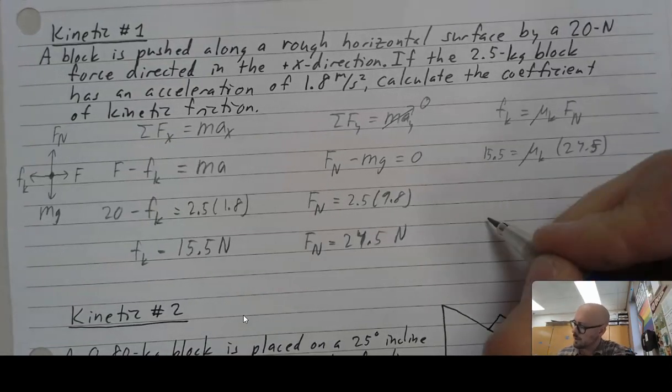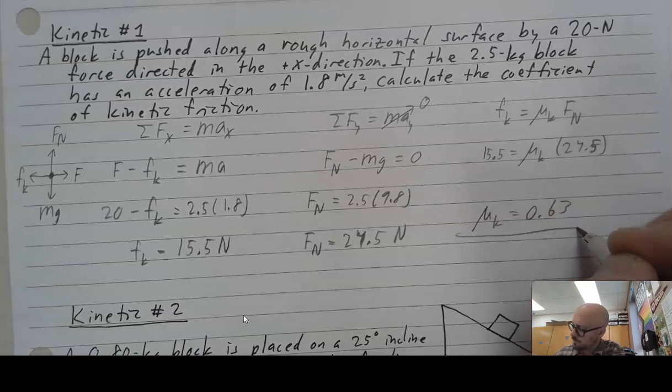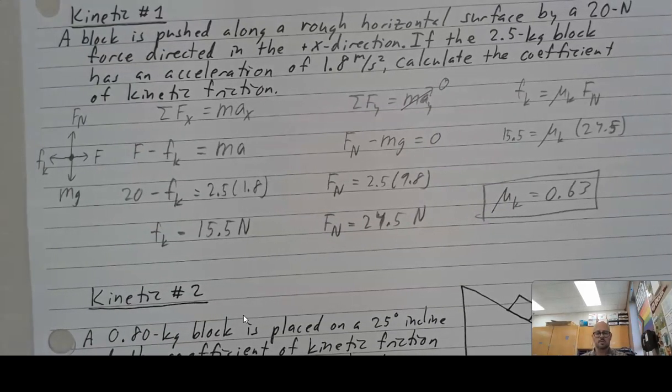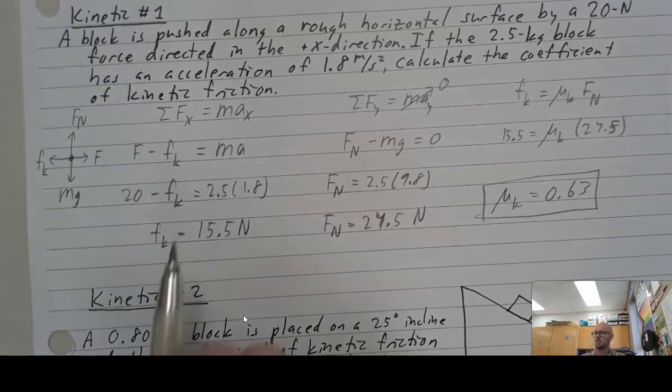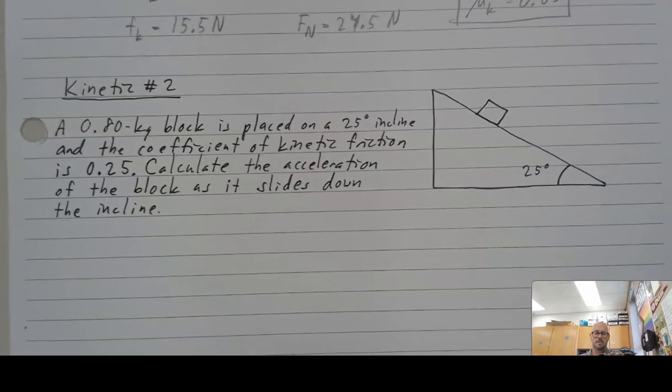And when I divide that out, I get mu is equal to 0.63. So that's not an easy problem, but it's a straightforward problem. And in the order I wrote out the equations, that wound up being the order in which I solved the problem.